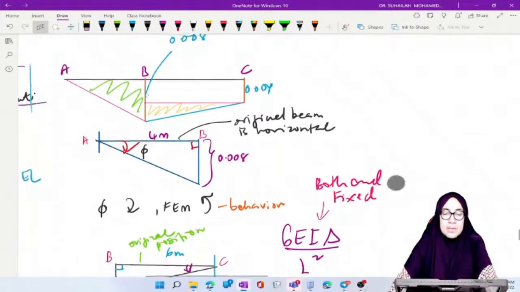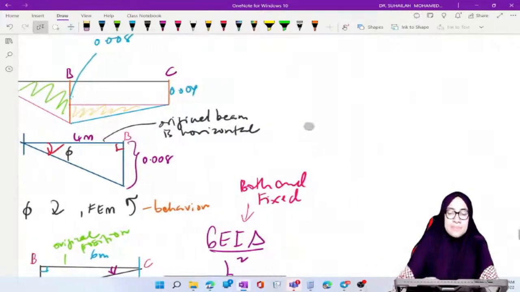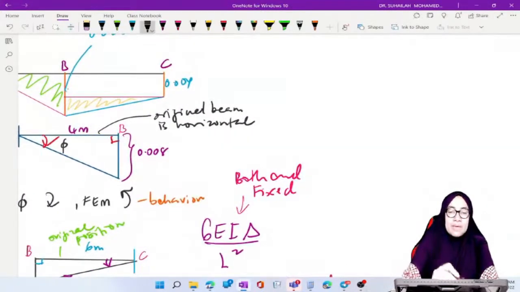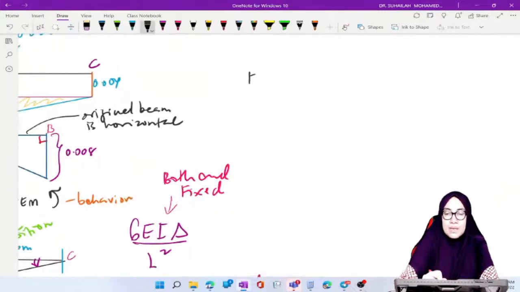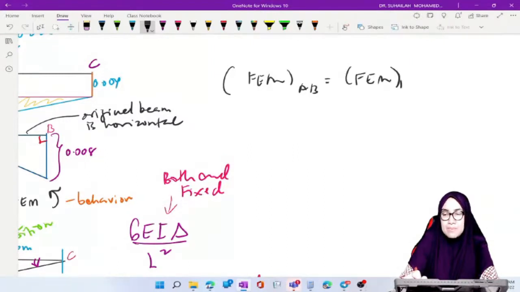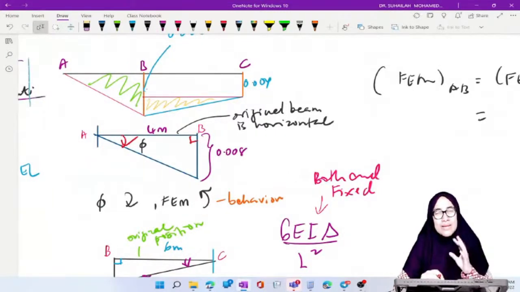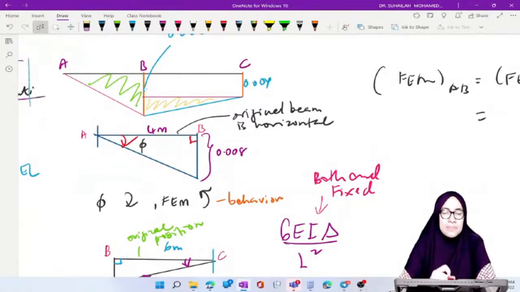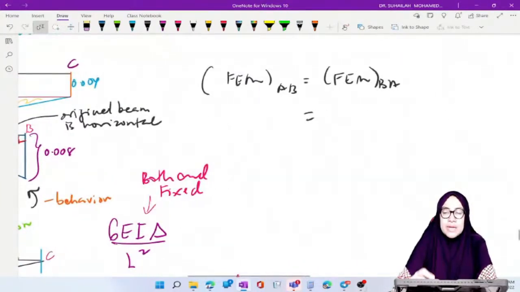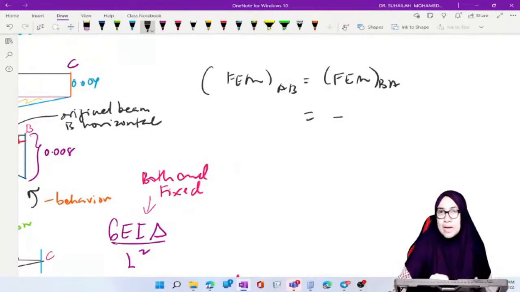For example, FEMAB equals FEMBA. Let's go back to the triangle AB. The angle is positive, so FEM must be negative. So we put negative, so that when we calculate the value, we get negative.